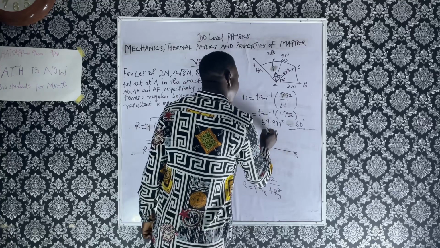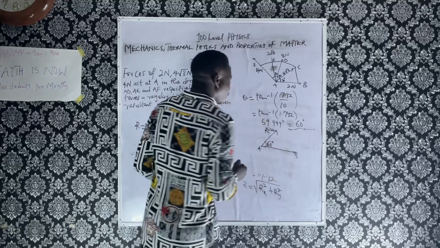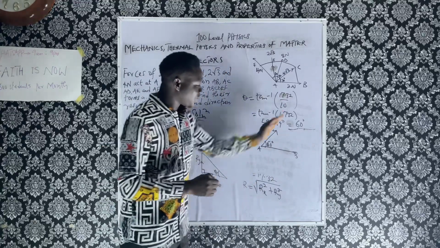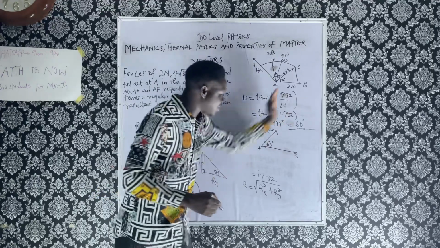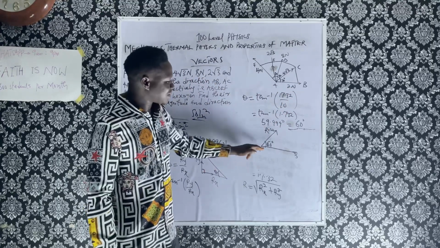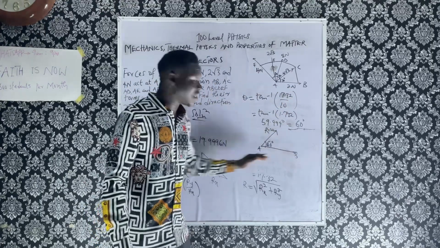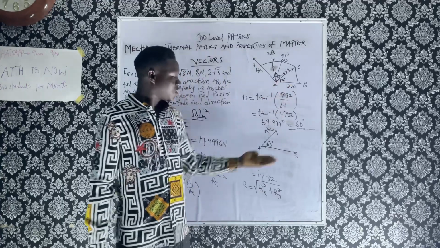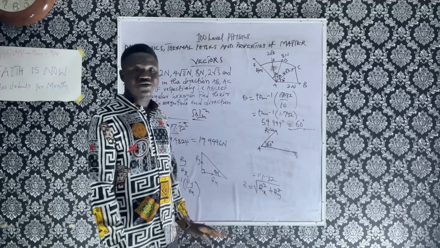This is the resultant force, that is 20. It's moved because they are all going this direction. So it is at 60 degrees to the horizontal, that is to AB, because AB is horizontal. 60 degrees. That's the direction of the force.